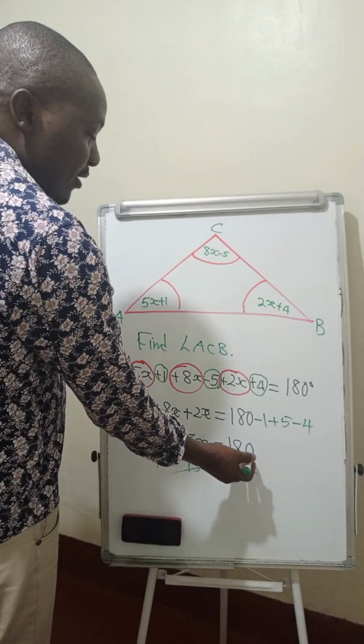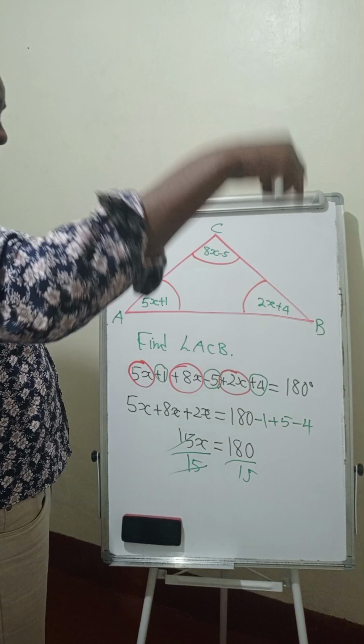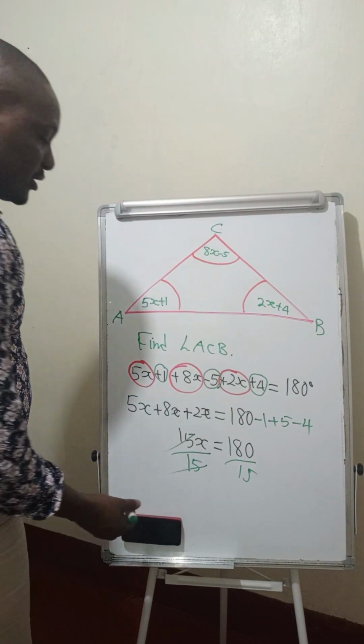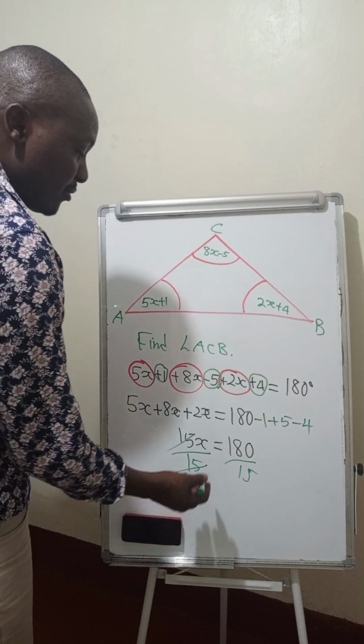A number is divisible by 5 when the last digit is 0 or 5. Remember the first lessons we started with where we were doing the divisibility test. We can divide even by 3 here.